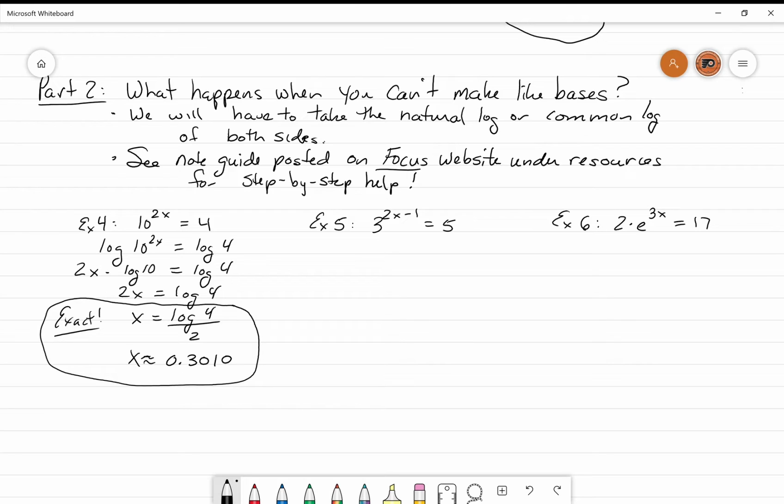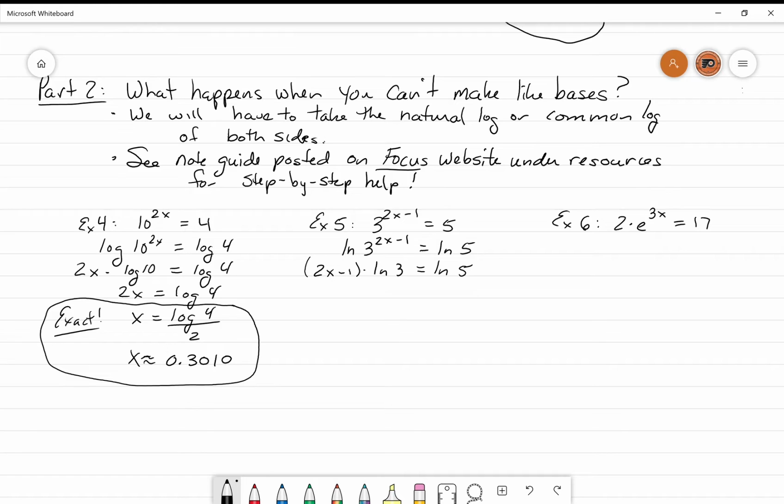Our next example doesn't have a base 10, so this time we're going to see me use natural logs. If I don't have a base 10, definitely going to be natural logs on both sides. Again, the power law. 2x minus 1 comes out in front of natural log of 3. At this point, you have two options.